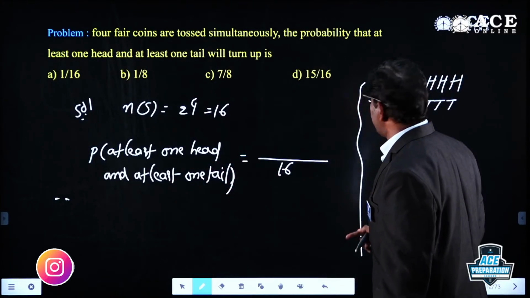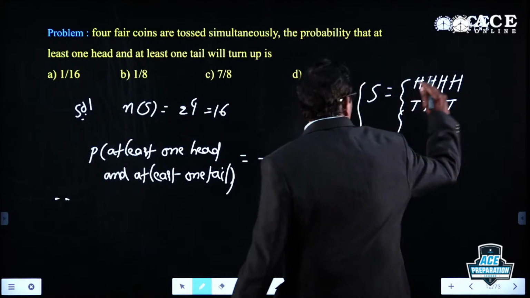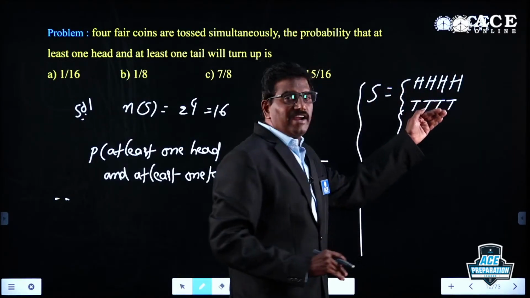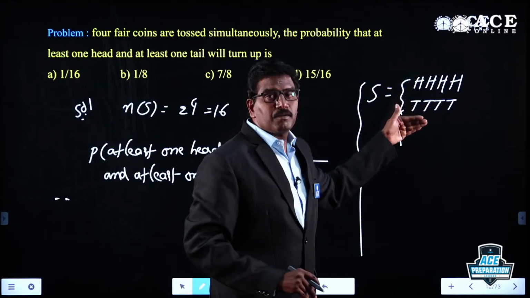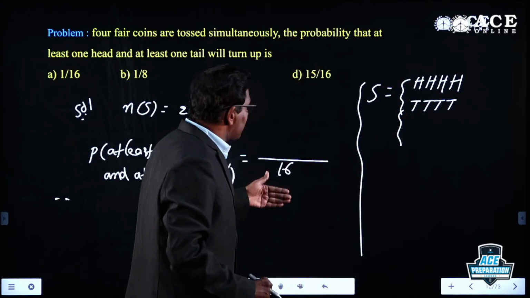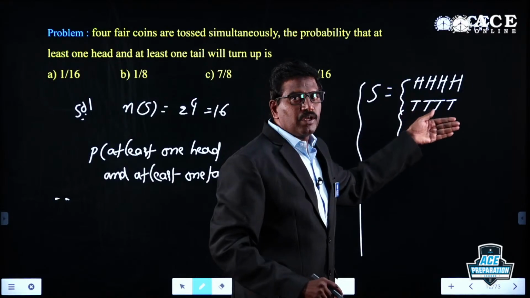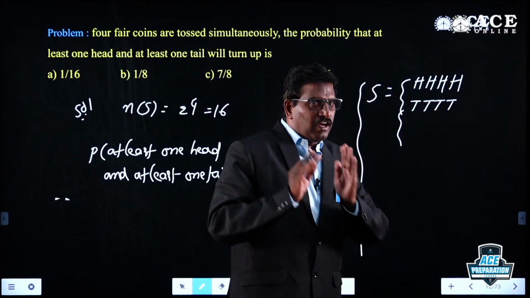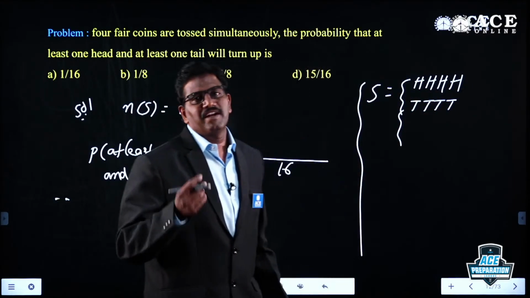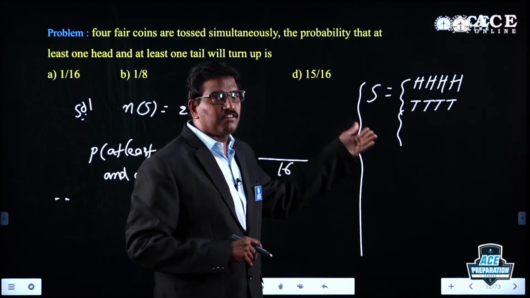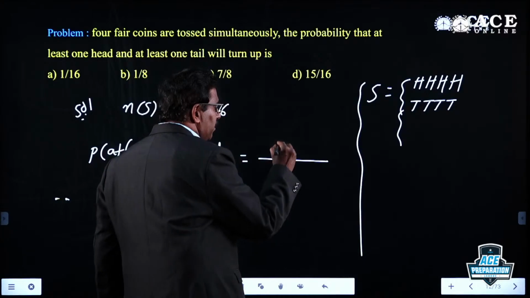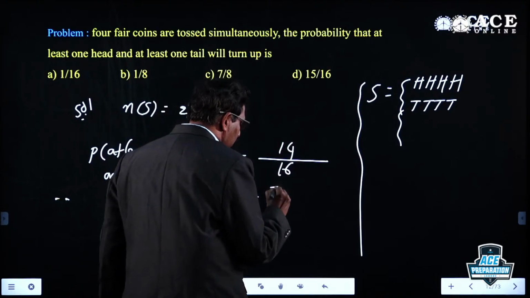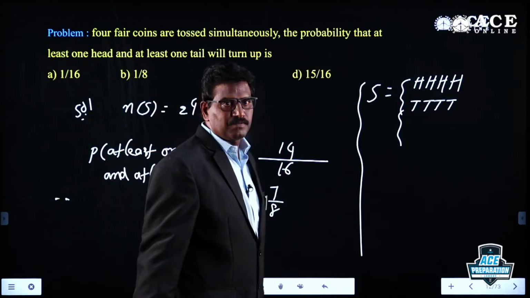Here only tails are there, no head is there, so this is not a favorable case. Apart from these two, among 16, in the remaining 14 cases, definitely we can observe both head and tail combination. So all remaining 14 cases are favorable cases. So 14 by 16, 7 by 8 is the answer. Are you clear?